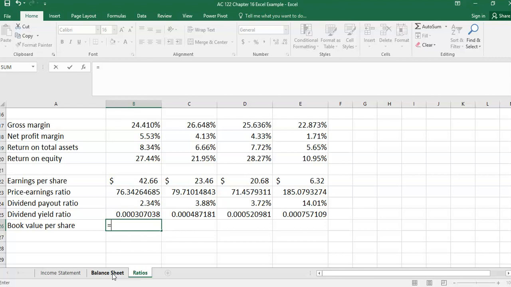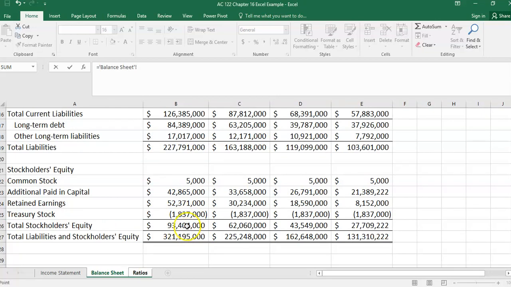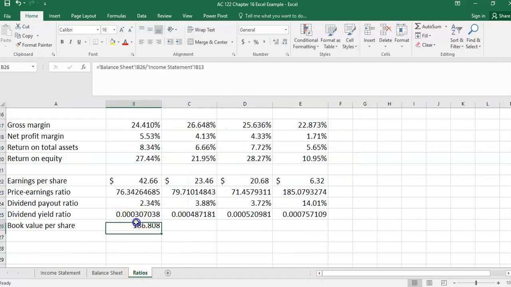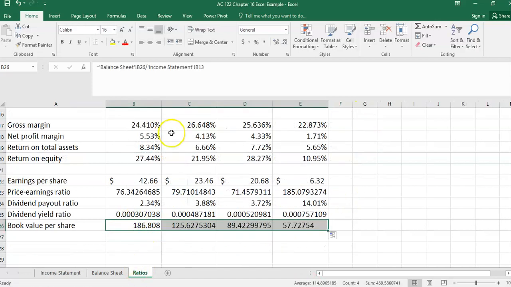So the company only receives money one time for shares unless they've purchased back treasury shares and would resell those. So we take our total stockholders' equity divided by the basic shares outstanding, and we get our book value per share.